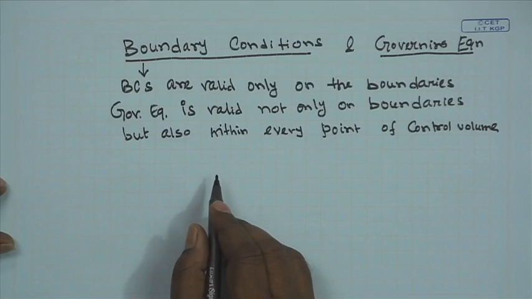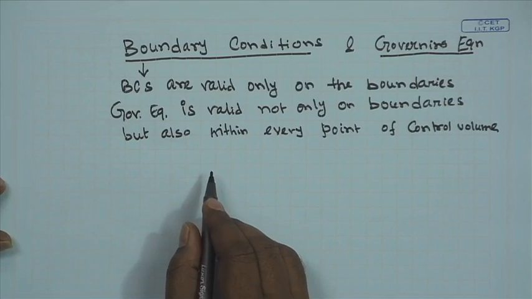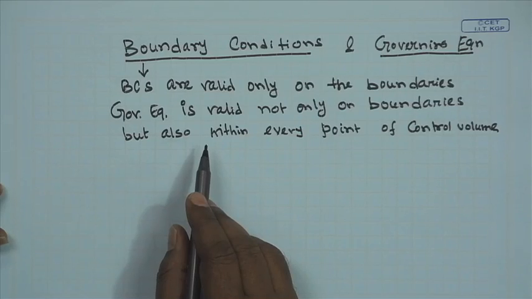So, that is the difference between the boundary conditions and governing equations. Boundary conditions are not valid inside the control volume, they are valid only on the boundaries.